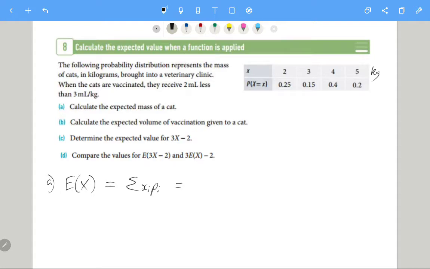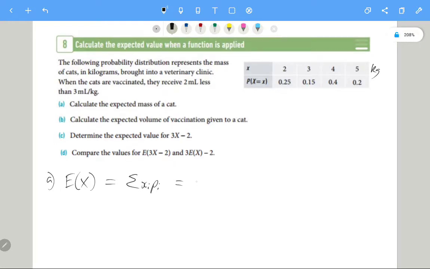So that's E of x, and we're using the sum xi pi formula. So we get 2 times 0.25, 3 times 0.15, 4 times 0.4, and 5 times 0.2.